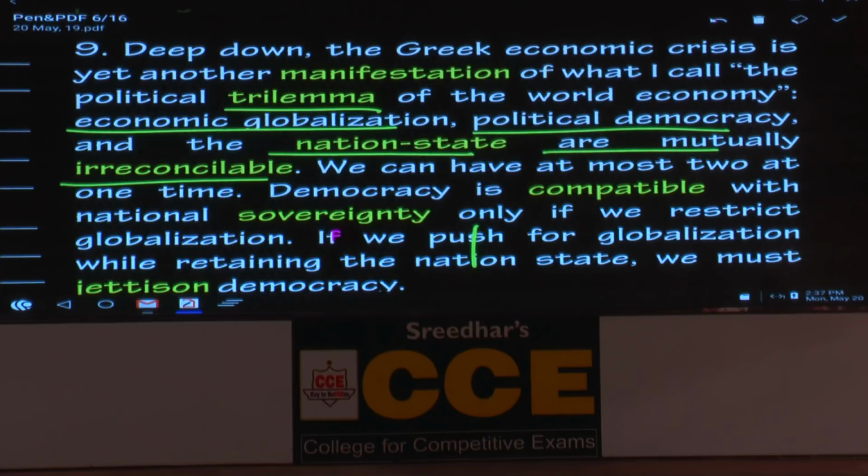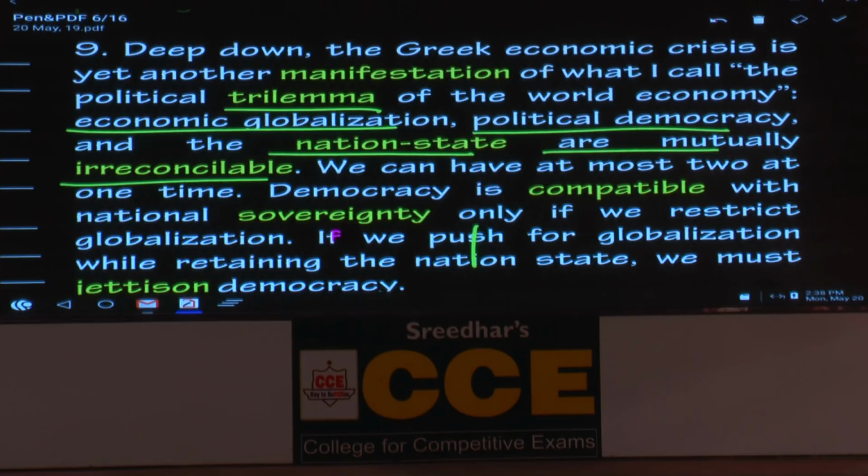Generally, when we say a state, a layman thinks a state like Andhra Pradesh or Telangana or Karnataka. But a political science student, when he comes across the word state, he thinks of a nation state. Means what? Please write the meaning. An independent country or a sovereign country. Sovereign means politically independent.